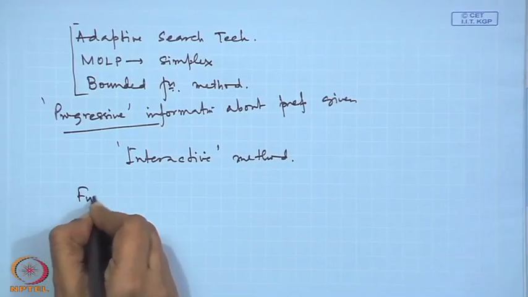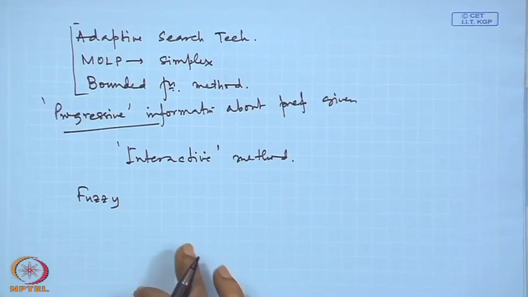If the decision maker is satisfied, he or she can accept it; otherwise he or she will supply more information about his preference, and accordingly the solution will be revised until the decision maker is fully satisfied.